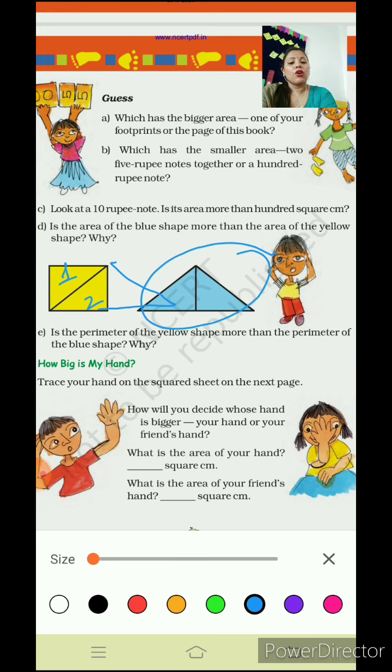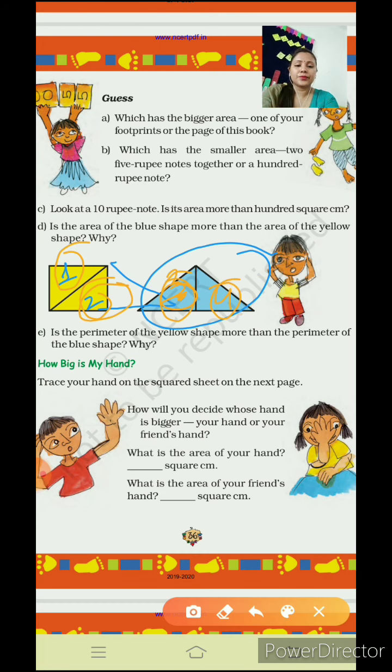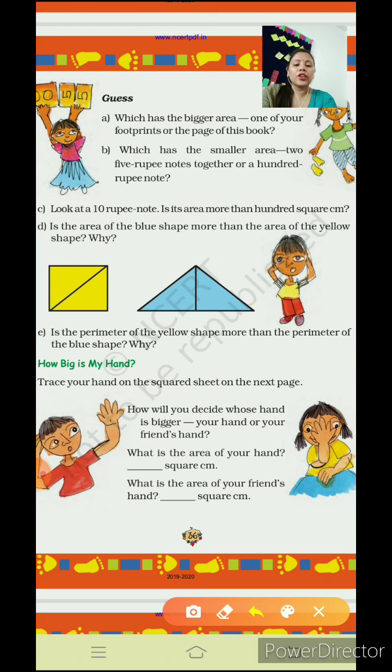So as you can see here, the area covered by part 1 is equal to the area covered by part 3, and the area covered by part 2 is equal to the area covered by part 4, and even all these parts are equal. Clear? So the area of the square and the area of the triangle are the same.